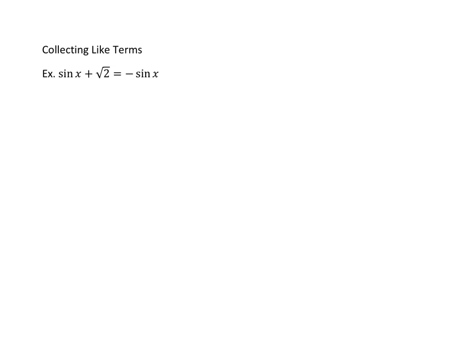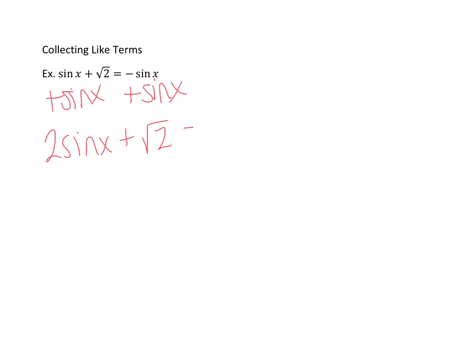Okay, we're going to go through different strategies on solving. This one is going to be combining like terms. I've got sine terms on both sides of my equal sign. I'm going to bring this one over and move my -2 over to that side. It really doesn't matter which side you go for. So if I add sine x on the right, I've got to add it on the left. So now I've got 2 sine x plus radical 2 equals 0.